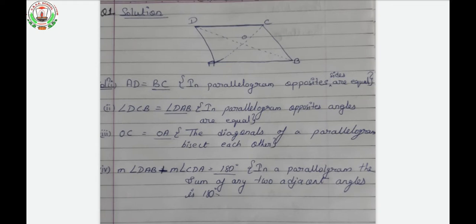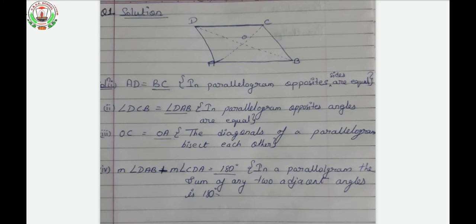Third point, OC will be equal to OA. Why is it so? Because the diagonals of a parallelogram bisect each other. That means the diagonal AC is bisected at O. Therefore, OC will be equal to OA.